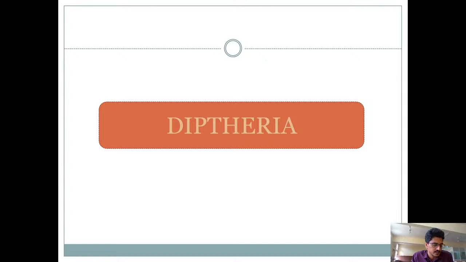In 1826 it was called by different names, Bourguignon sore throat, because it spread from France. And later on Pierre Bretonneau named it diphtheria.